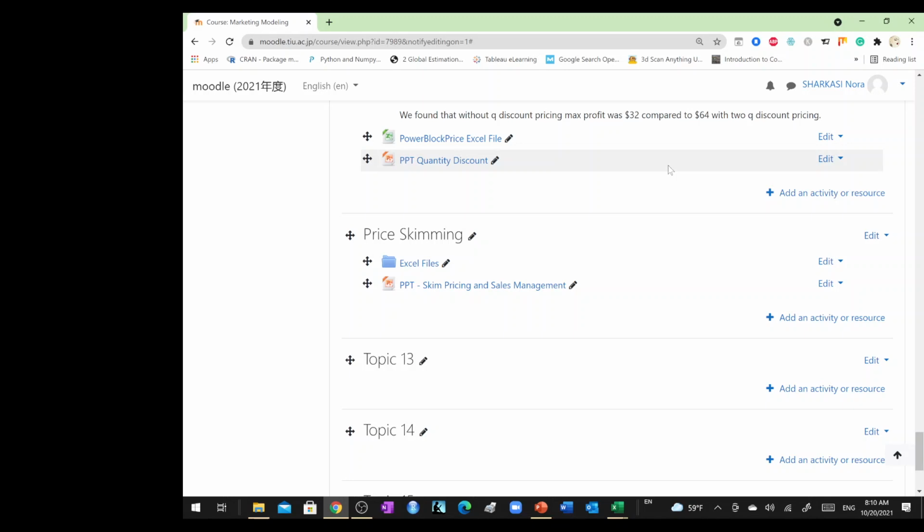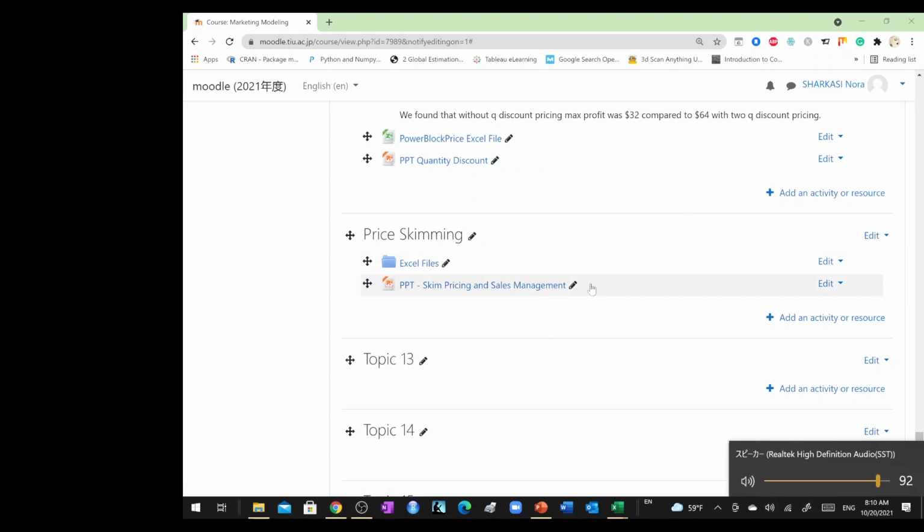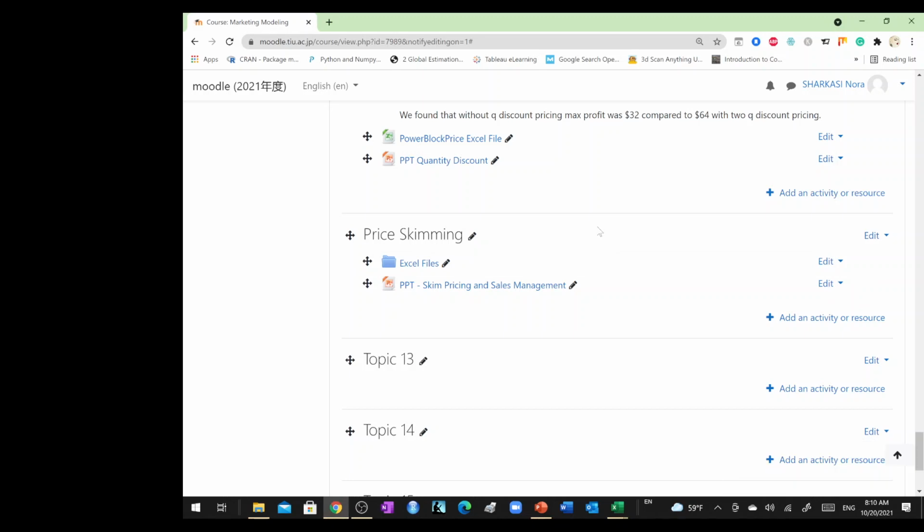And then now we're talking about skimming pricing, which is in terms of having the price change over time, either through introducing new technology products that start with a very high price at the very beginning, and then the price is reduced gradually over a period of time, or pricing discount.